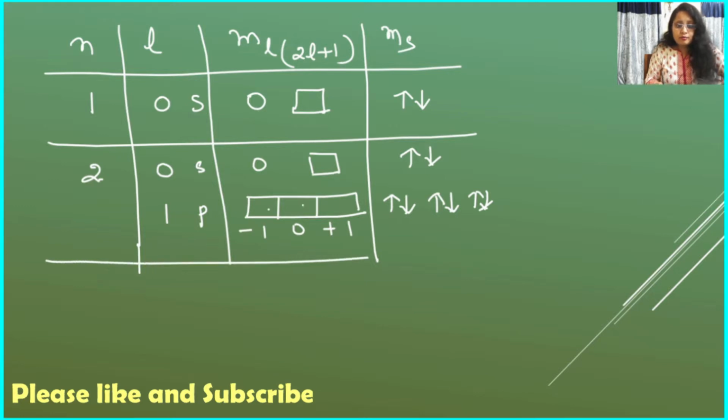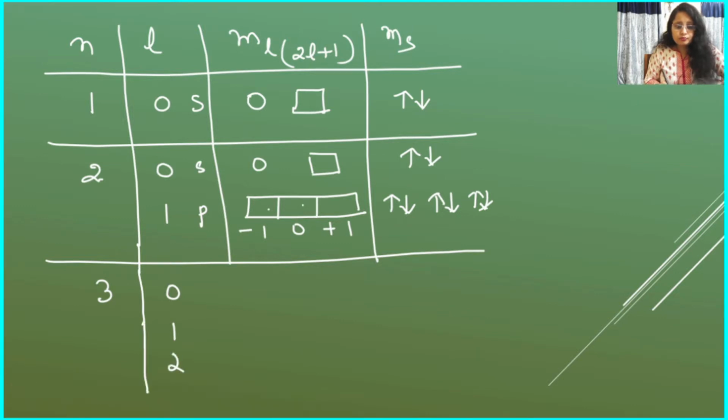Now, one more time I will explain, if n is equal to 3, what will happen? l values will be 0, 1 and 2, that is s, p and d. This n and l relation I told you in the previous video.